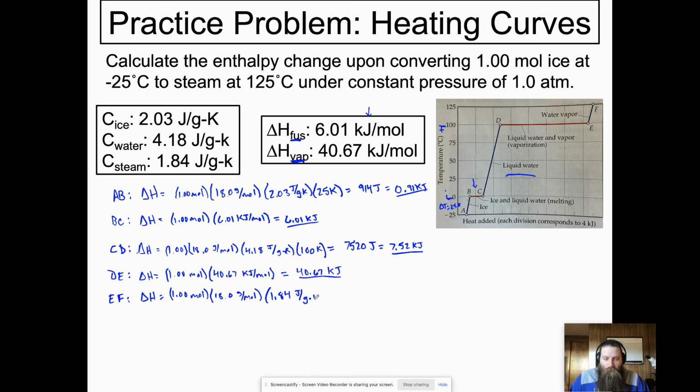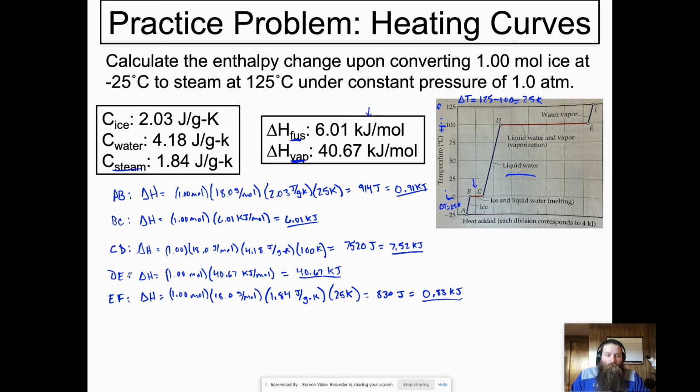Because I'm on the steam leg, I'm using the specific heat of steam, which is 1.84 joules per gram Kelvin. I have a 25 Kelvin change in temperature because final is 125, initial is 100. So 125 minus 100, that's going to be delta T, 25 Kelvin. And that gives me 830 joules, which we're going to convert to 0.83 kilojoules.